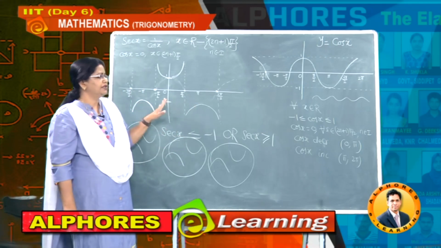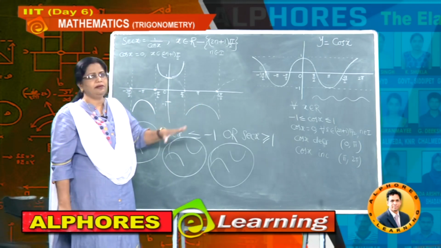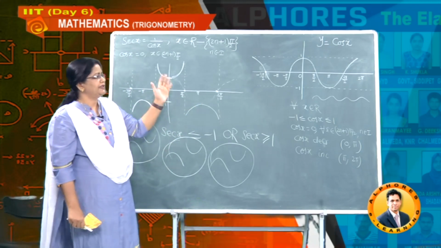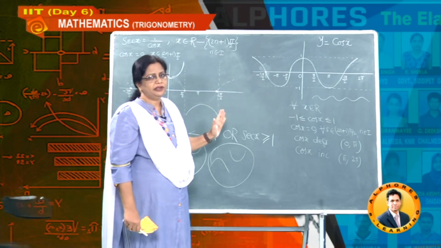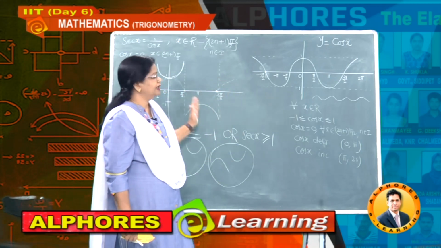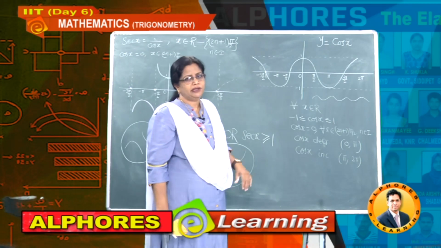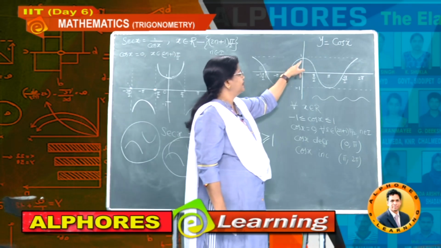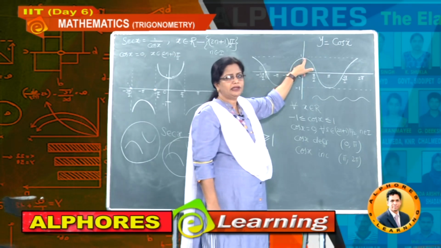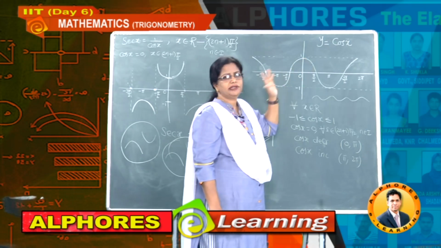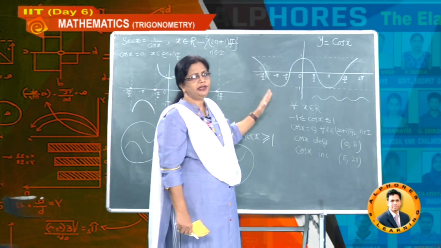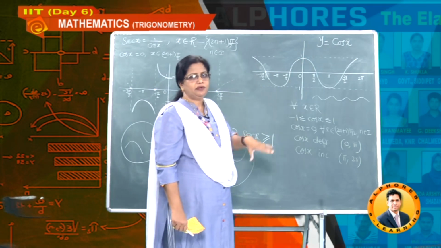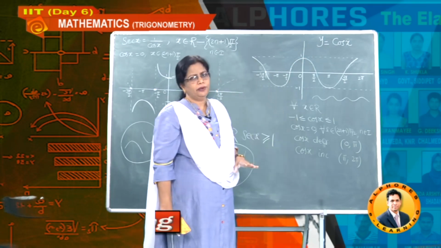Okay students, so these 4 graphs I have drawn first. The reason is, whichever sine graph you have taken, the same model applies for cos; the only thing is both are waveforms. Sine curve is passing through the origin, whereas cosine curve is intersecting the y-axis at x equal to 0. And the sine function period, cos function period, and correspondingly their reciprocals' period, all are equal to 2 pi.